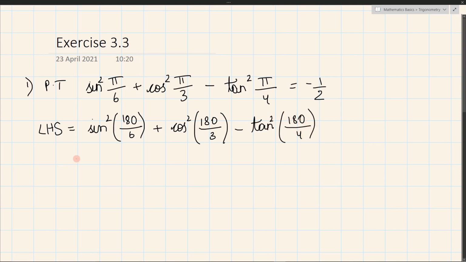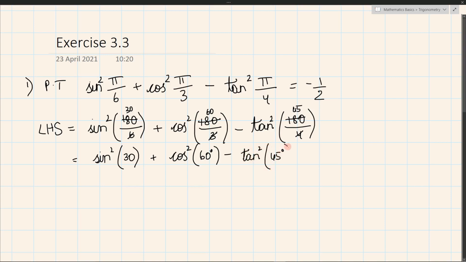This would be 6 one times and 6 thirty times, 3 one times and 3 sixty times, and 4 one time and 4 forty-five times. So what we have here is sin² of 30 degrees plus cos² of 60 degrees minus tan² of 45 degrees.